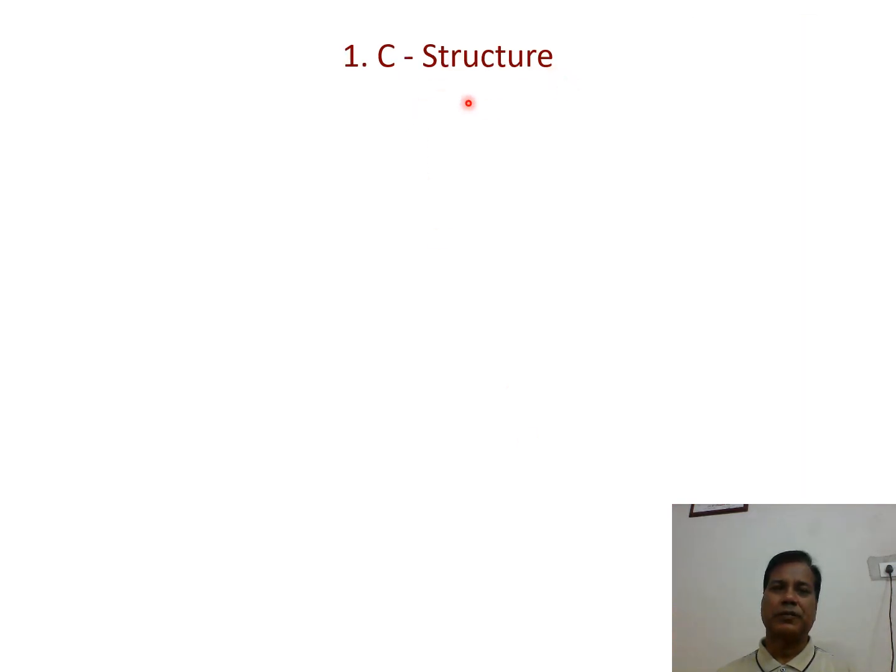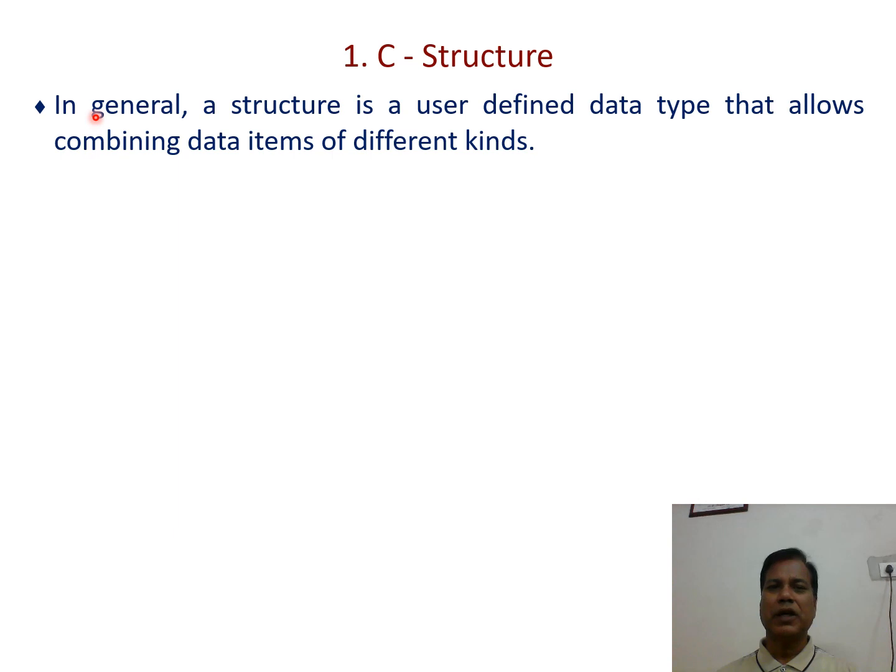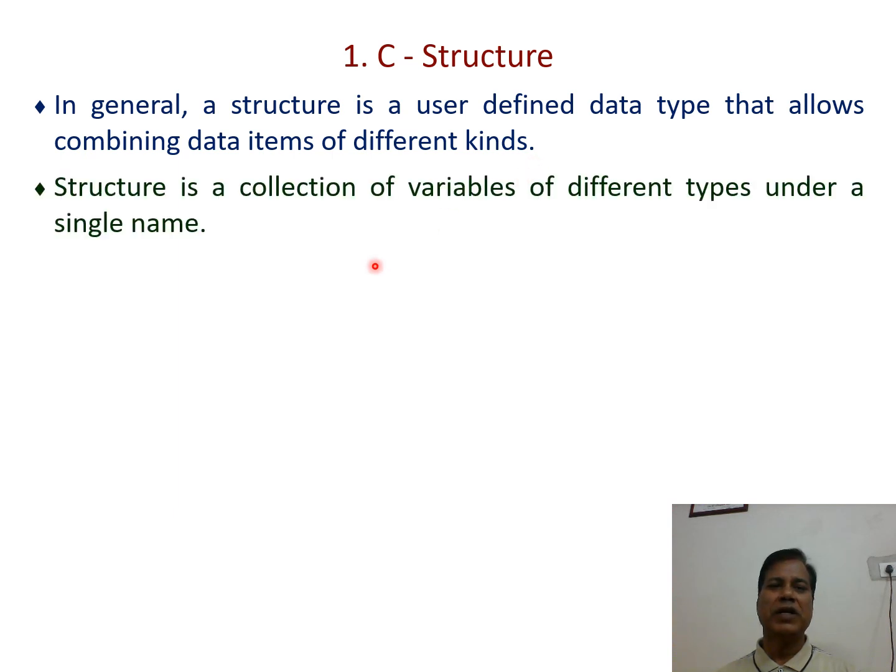C structure. In general, a structure is a user-defined data type that allows combining data items of different kinds. Or we can say that a structure is a collection of variables of different types under a single name.